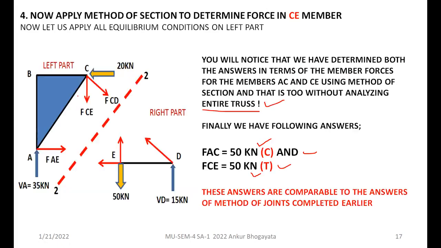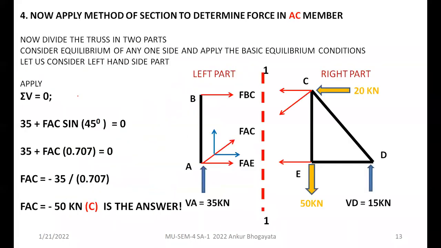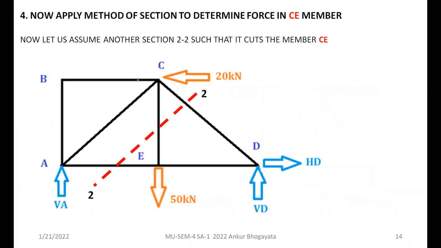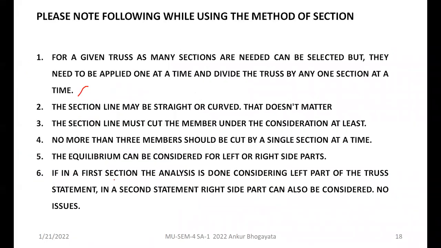As you have noticed earlier, we went for section 1-1. At that time, we didn't think about what will happen if we select this section or not. So there is no confusion about it now. Select one section at a time, and when we selected the second one, we forgot what we did earlier. This must be remembered by everybody.